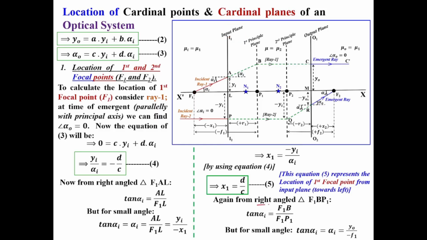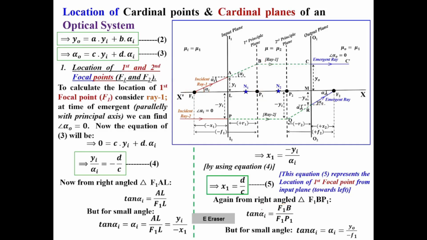Again, from a right angle triangle F1 B P1, here this angle is 90 degrees. Now tan alpha I, this is your alpha I, is this height by this length.